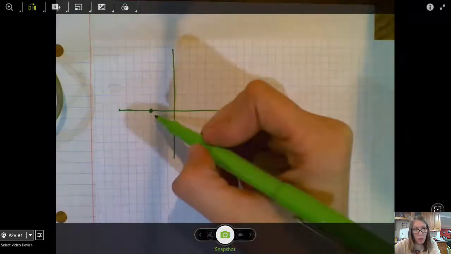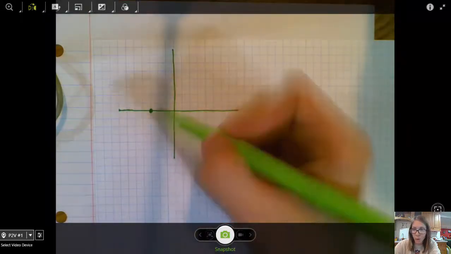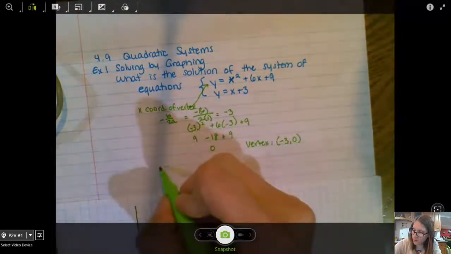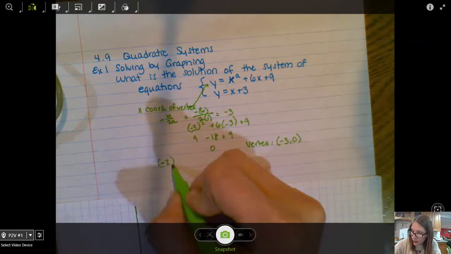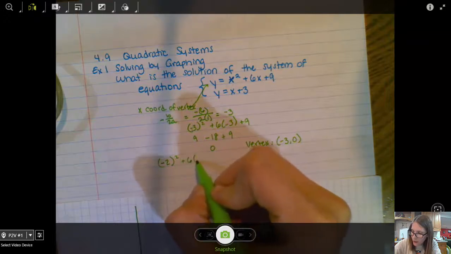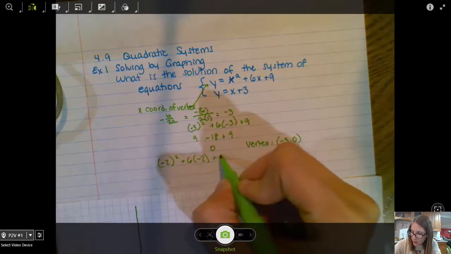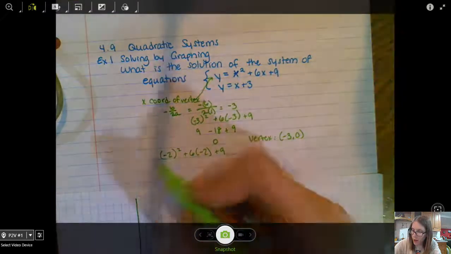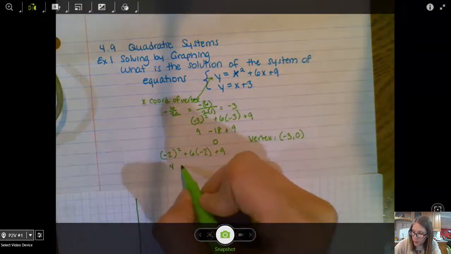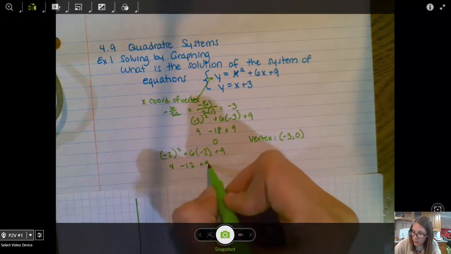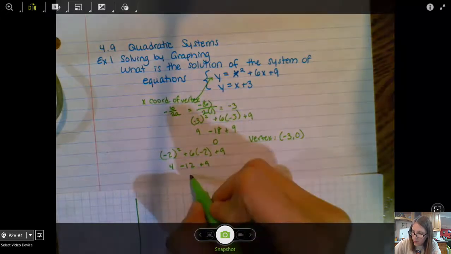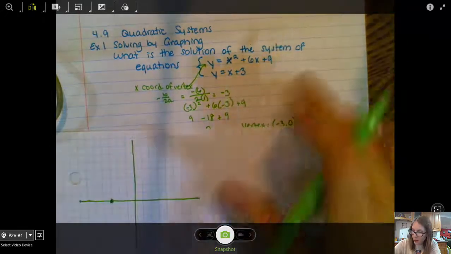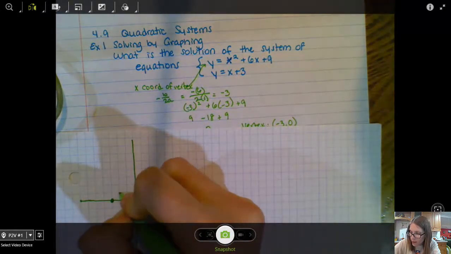So negative 2 would be a good x value to plug in, negative 1. So negative 2 squared plus 6 times negative 2 plus 9. And you can do this all on your calculator too. Negative 2 squared is 4 minus 12 plus 9. This ends up being 1. So on our graph again, negative 2, 1 is on our parabola.